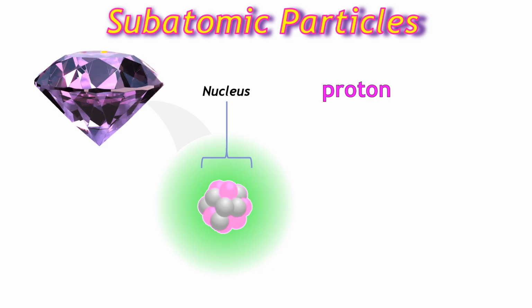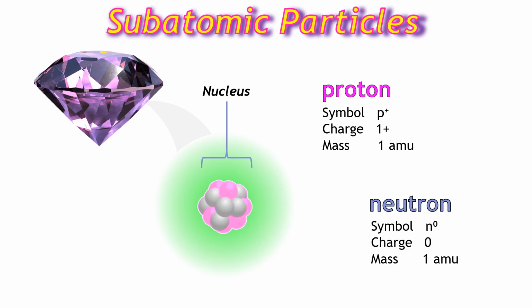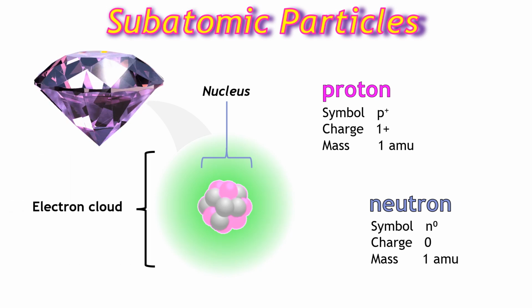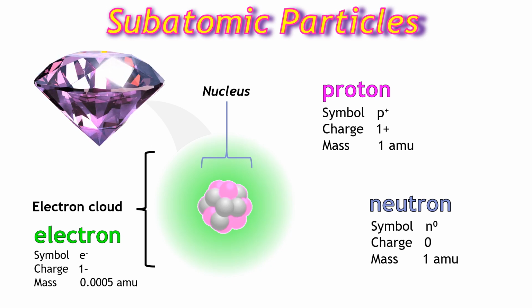And we can talk about the properties of the proton and the properties of the neutron. And outside the pink and gray spheres, we have this region that's kind of glowing green. And this is the electron cloud. It's hazy. We don't know precisely where the electrons are, but we could talk about the properties of the electrons as well. So we have these three subatomic particles that we're going to use to attempt to build our model of the different kinds of atoms.